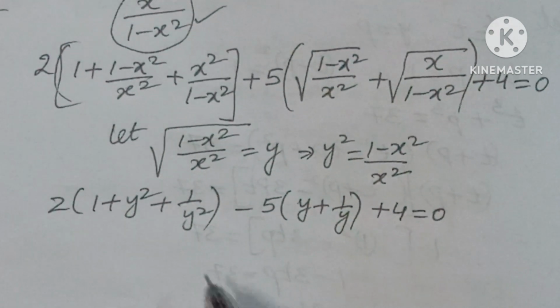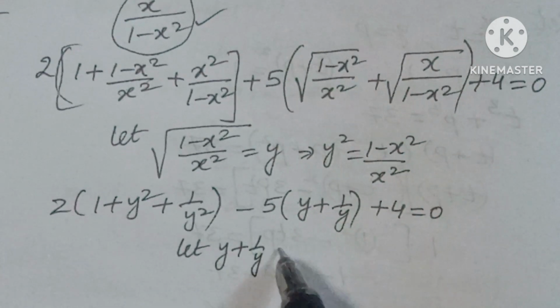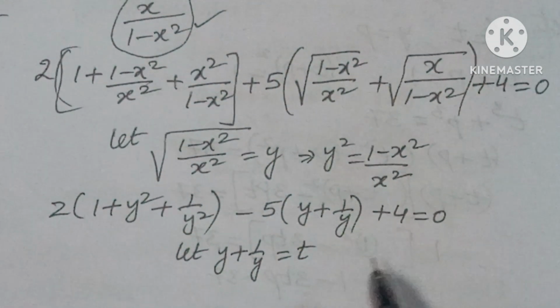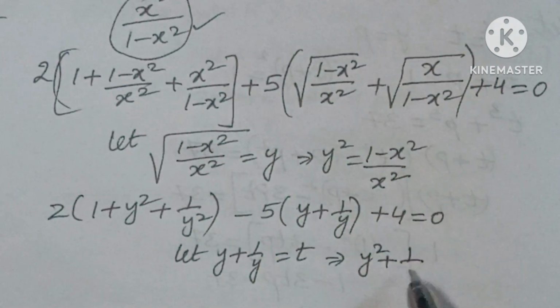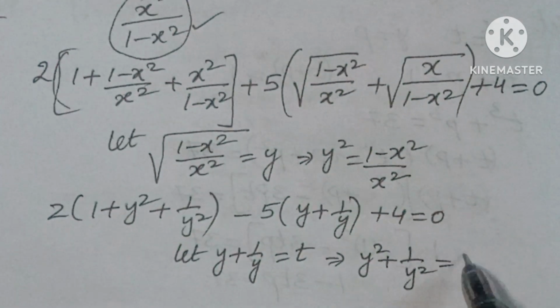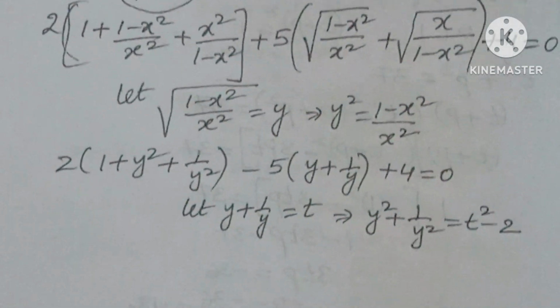Now from this, let us take y plus 1 by y is equal to t. That implies, squaring on both sides, y square plus 1 by y square is equal to t square minus 2.